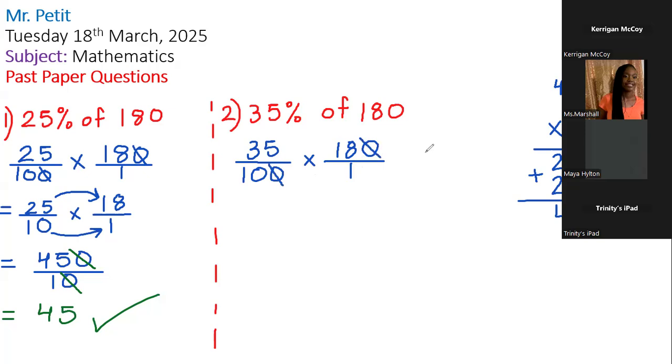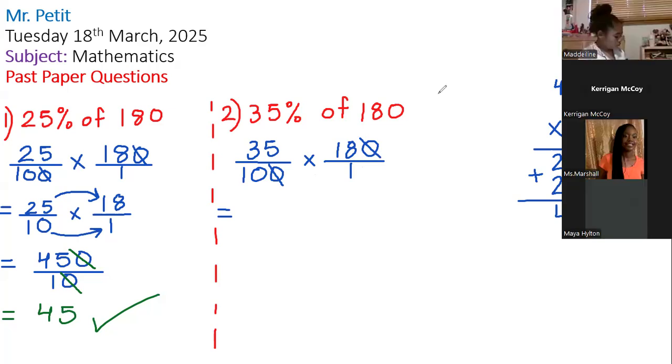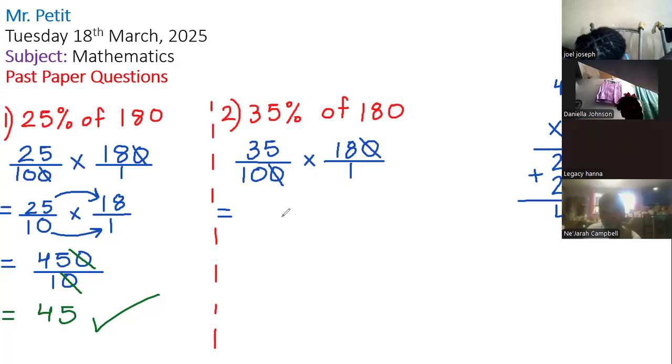Thank you, Kaden. Seth, what do we do after this? We multiply. Multiply what? 35 times 18. So the first thing we're going to do is put 35 down over what?